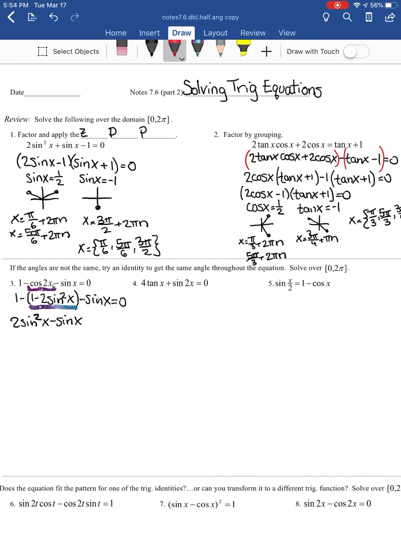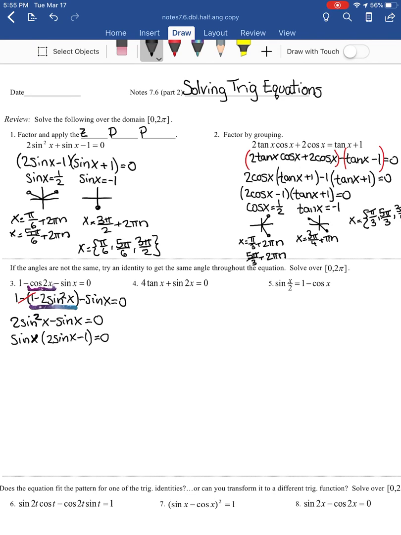And you'll notice the ones are going to cancel out right there when you redistribute it. So after one step, I am down to just this. I can now factor out a sine x, left with 2 sine x minus 1.